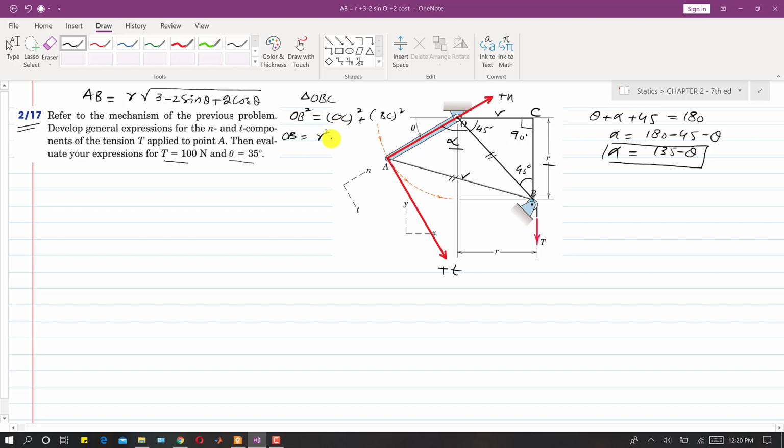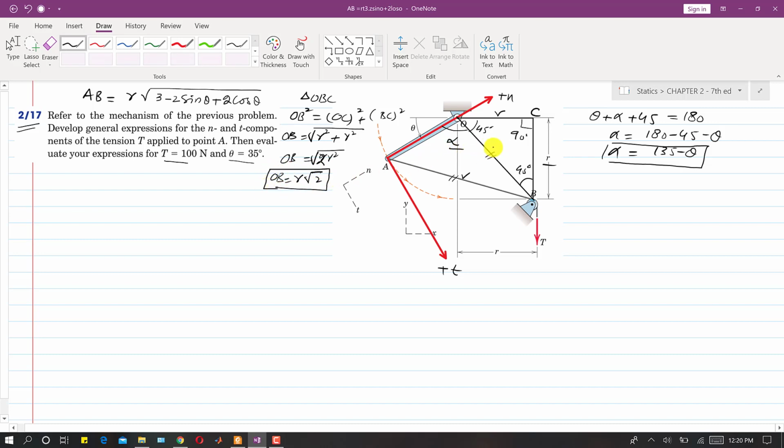OC is equal to R and BC is also equal to R. So this is the square root of R squared plus R squared, so OB will be the square root of 2R squared, and the OB length will be R under the root 2, right?